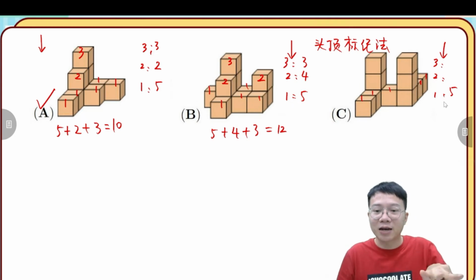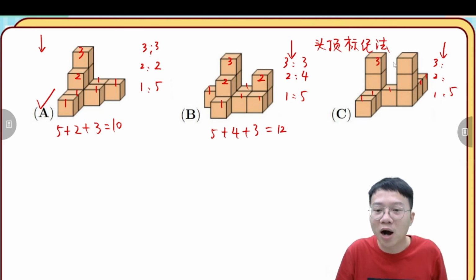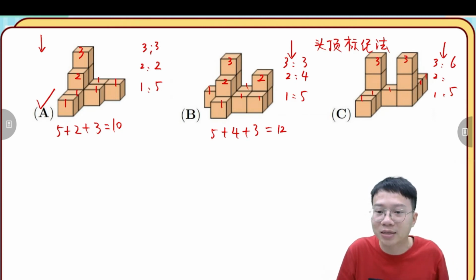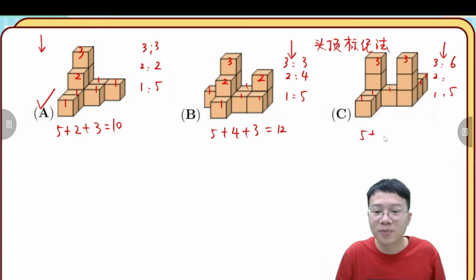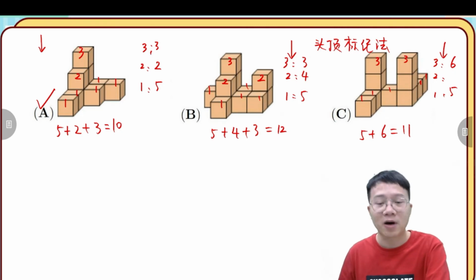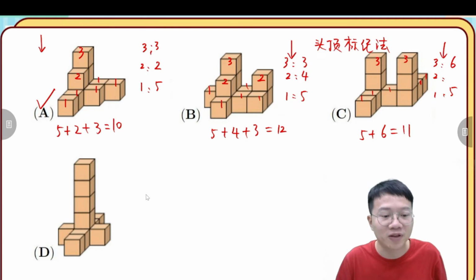Okay, and the second floor we cannot see 1, and on the top we have 1, 2, but actually we have 3 each, so altogether we have 6. Okay, so here we have 5 plus 6 equals, yes, 11. So altogether there are 11. This method is very good and fast.